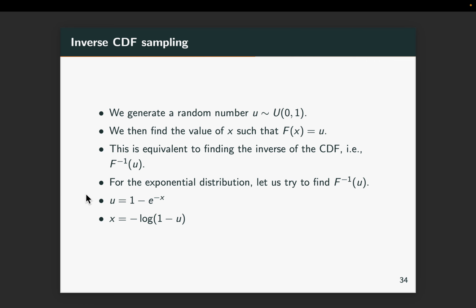This is the CDF. Now we can just invert, take x on the other side, and get x equal to minus log of 1 minus u. So this is the inverse CDF function which we are trying to compute. It starts with u, gives you the x. The CDF function starts with x, gives you the CDF of x. So now all you need to do is to generate random uniform numbers between 0 and 1 and put them in this formula. You will get samples from the corresponding distribution.